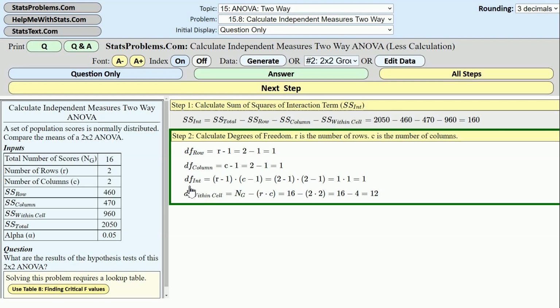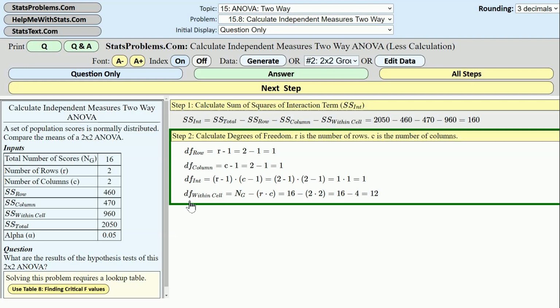The degrees of freedom interaction, df int, equals the number of rows, R, minus 1, times the number of columns, C, minus 1. In this example, df int equals 2 minus 1, times 2 minus 1, which works out to 1 times 1, which works out to 1.